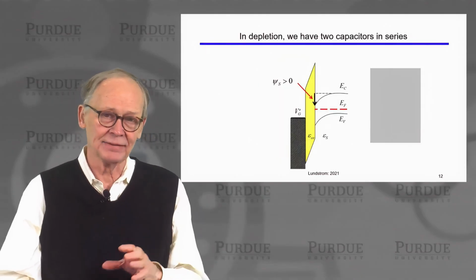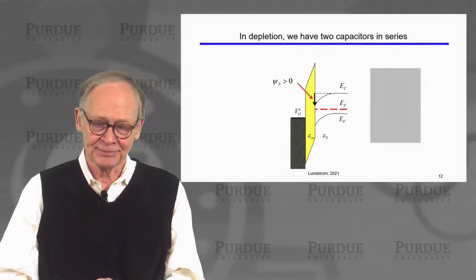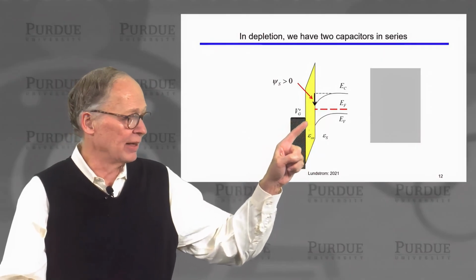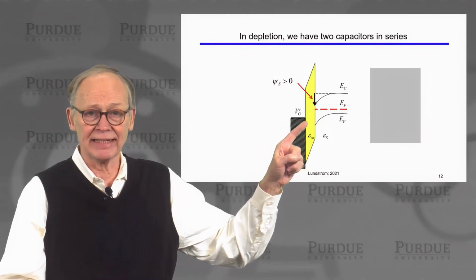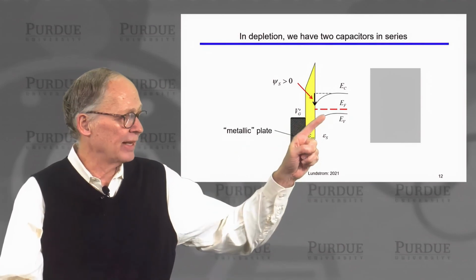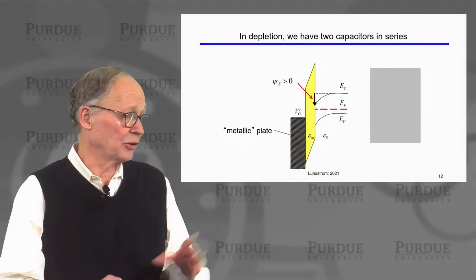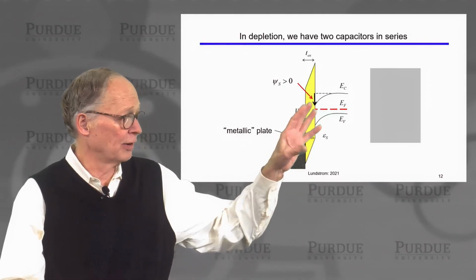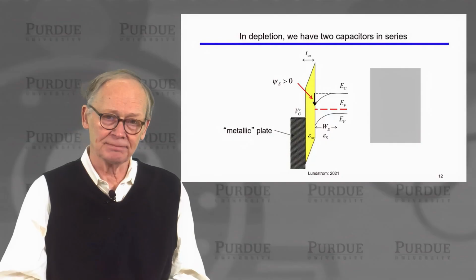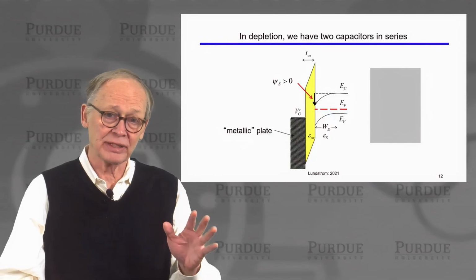So we in fact have such a system here. We have a metal plate on the top. We have a dielectric, our gate insulator, maybe silicon dioxide. So there's our metal plate. There's our first insulator. And then we have a depletion layer in the silicon of a width WD. That's depleted of carriers.